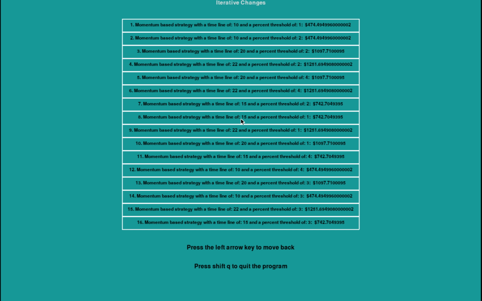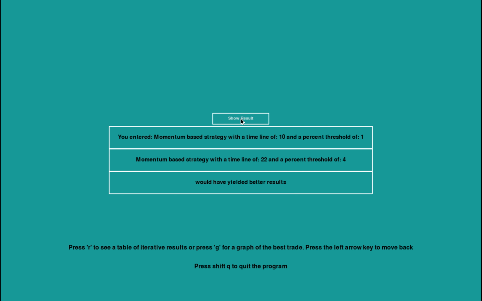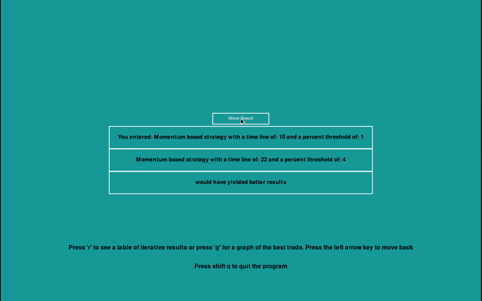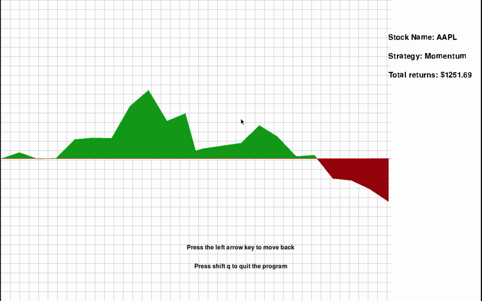As you can see, it doesn't actually go in increasing order, but this is more so through mutations, generating all of these results and then returning the one with the greatest amount of returns, which in this case was number 6. Timeline of 22 and a percent threshold of 4, which is what it says here again, with a return of $1,251.69.